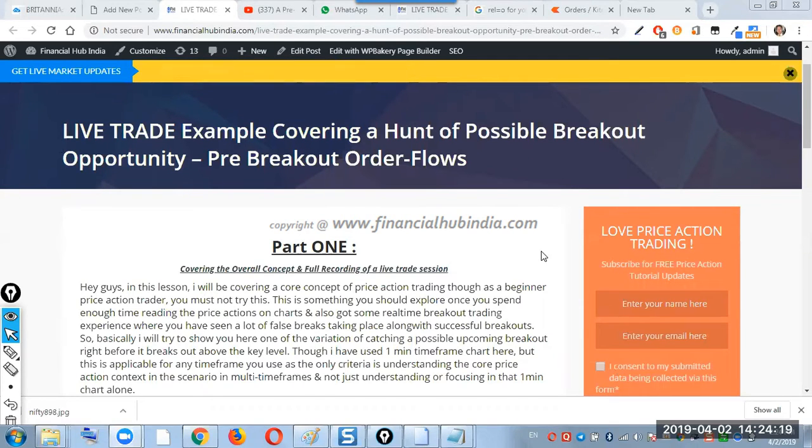In today's session, I'm covering a live trade example, which I used to give you the scenario to understand how we actually trade the pre-breakout scenarios. There are different situations you have in terms of the breakout trade.